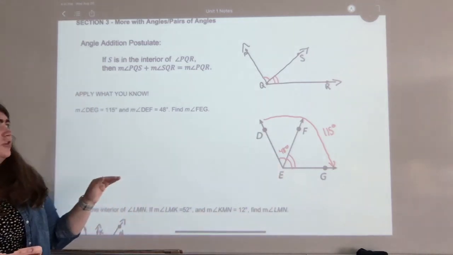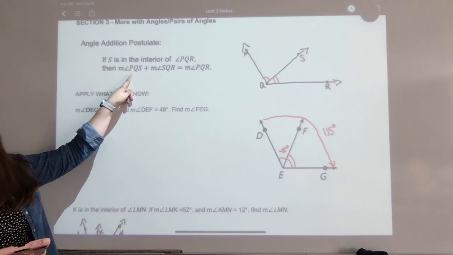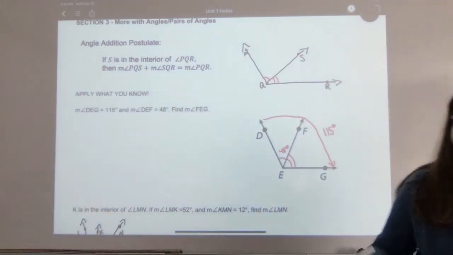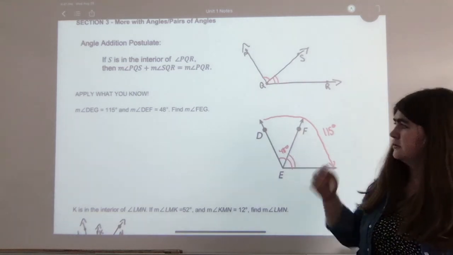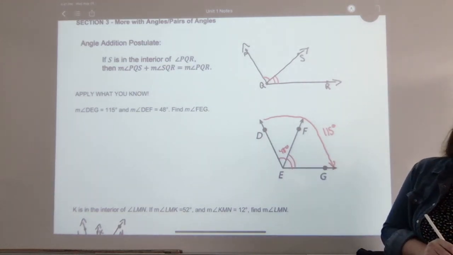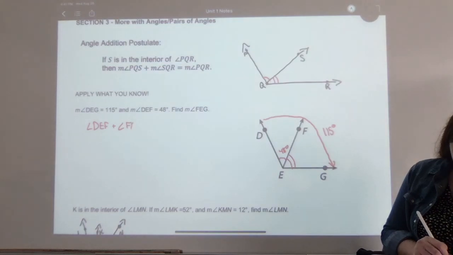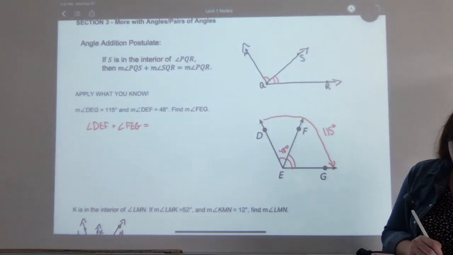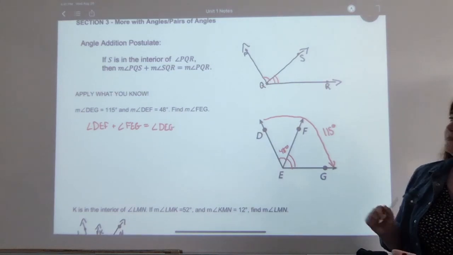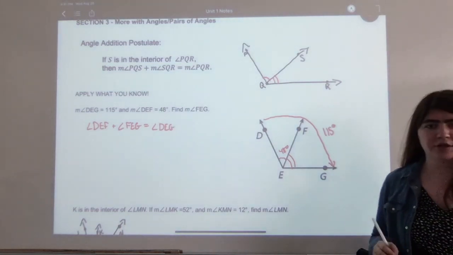All right, so by my angle addition postulate, I can say when referring to this angle, that angle DEF plus angle FEG is equal to angle DEG by the angle addition postulate.